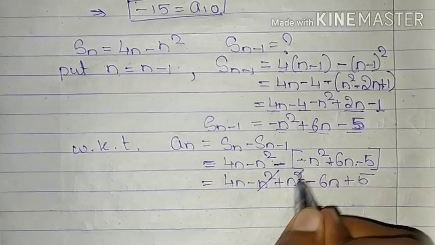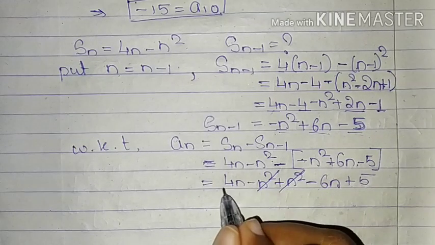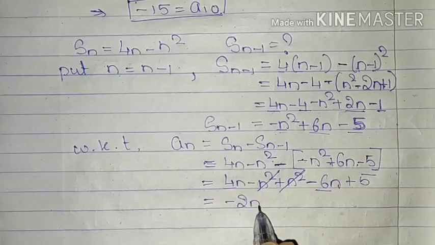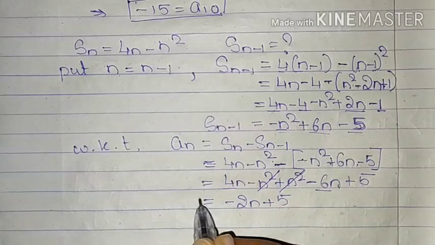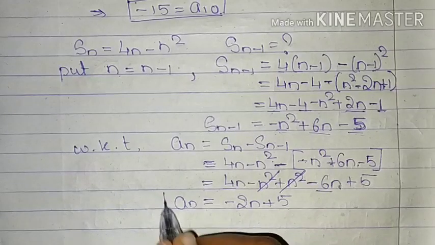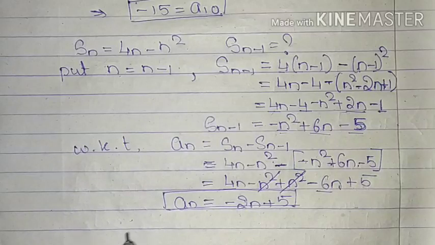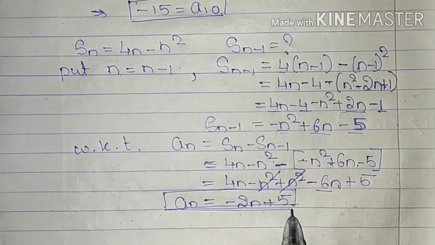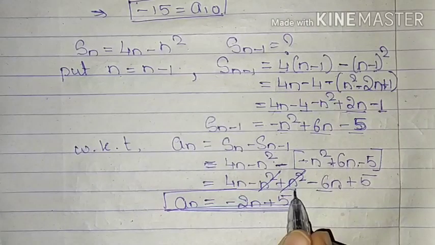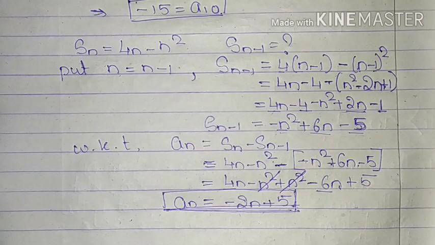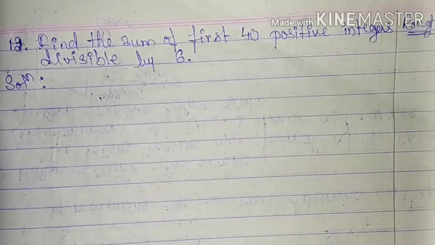Minus n square plus n square cancels out. 4n minus 6n, we have minus 2n plus 5. So this is the value of our An. The nth term of our given arithmetic progression is 5 minus 2n, or minus 2n plus 5.